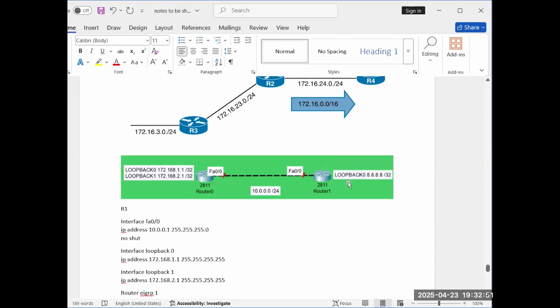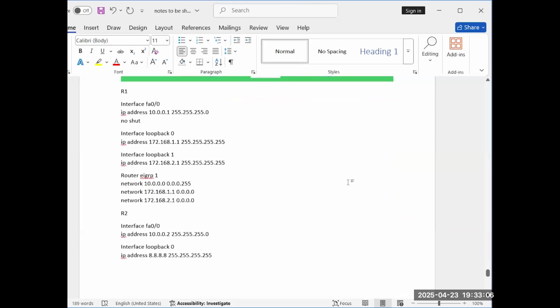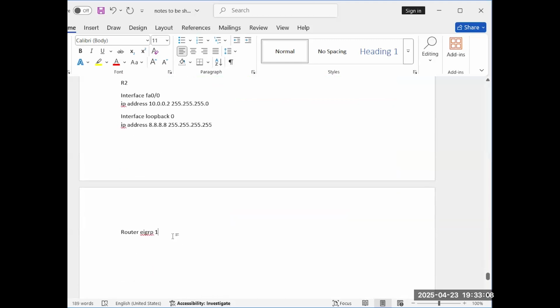Anyway, the router is going to advertise its own networks only. It's not going to advertise any of the neighbors' networks. It just advertises its own network, and then it gets updated in the routing table. Let this R2 router first advertise its network.